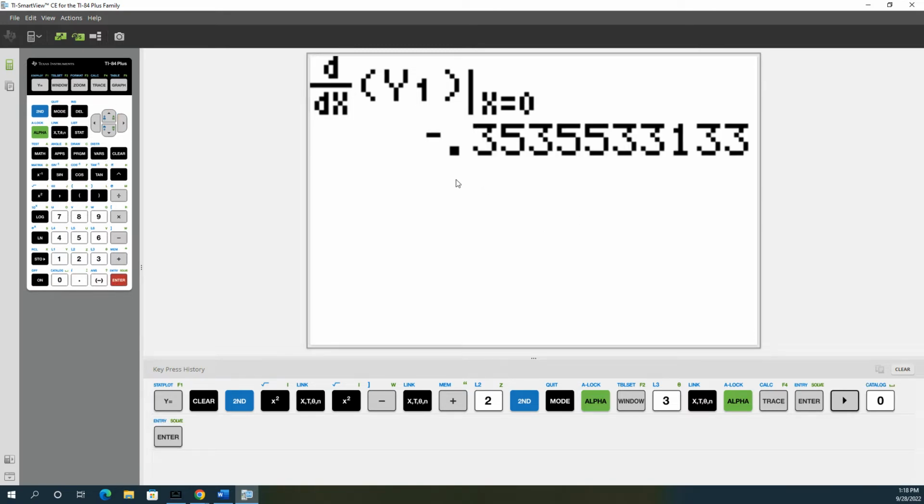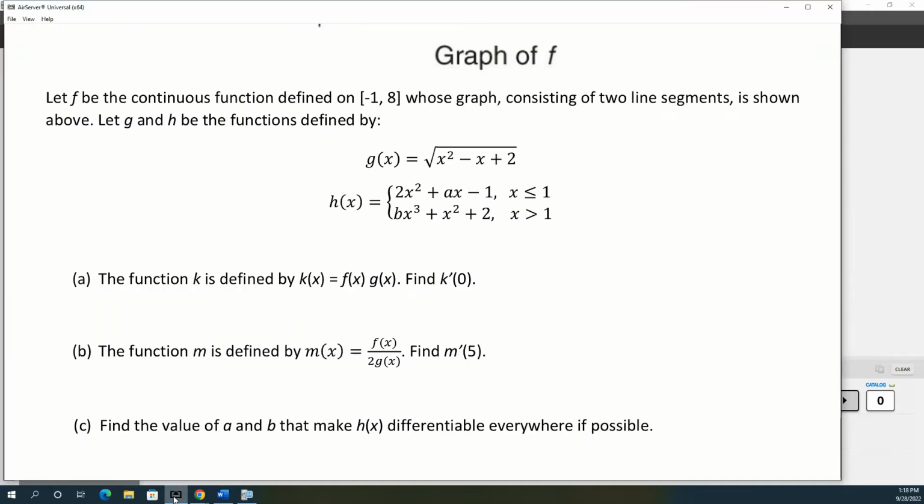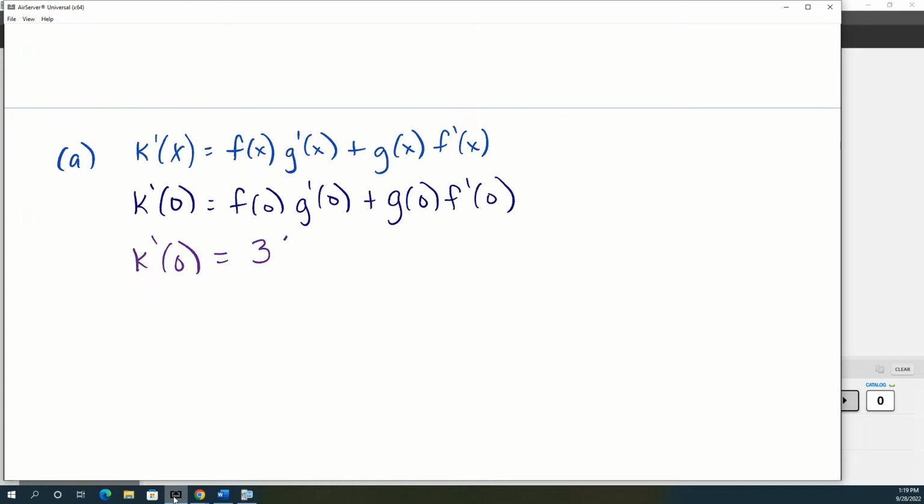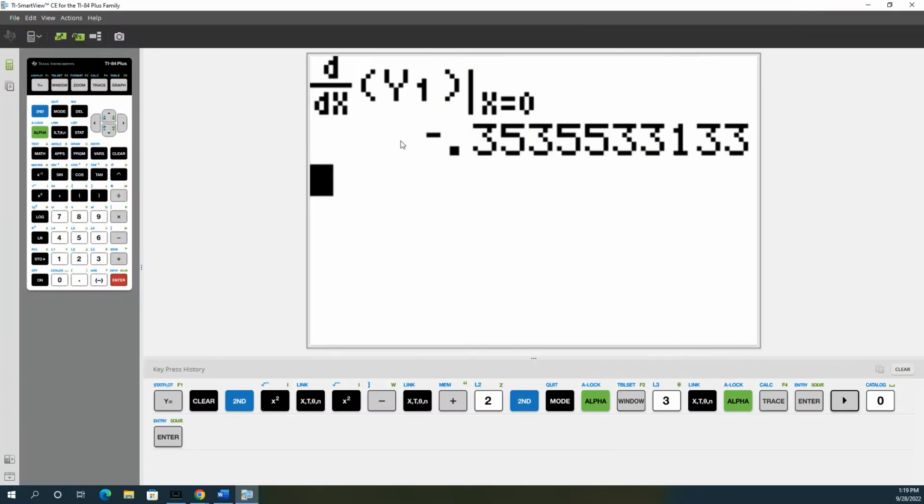Now, I'm going to write all of those decimals, maybe not all of them. We're going to go all the way to this 3, because whenever I get my final answer, I want to be accurate to 3 decimal places. So I'm going to put in most of those decimal points. All right, g of 0, I can also get from the calculator.